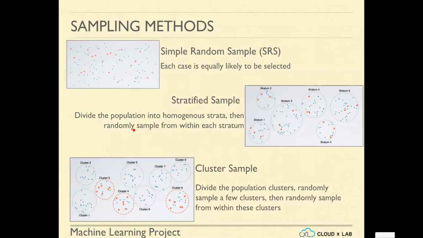Is there a rationale for choosing a particular clustering in cluster sampling? I think it made sense. Did I answer your question, Gopinath?